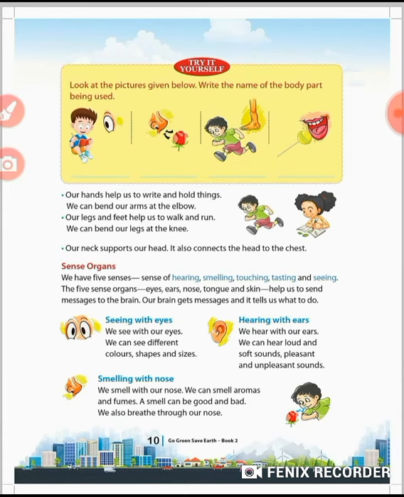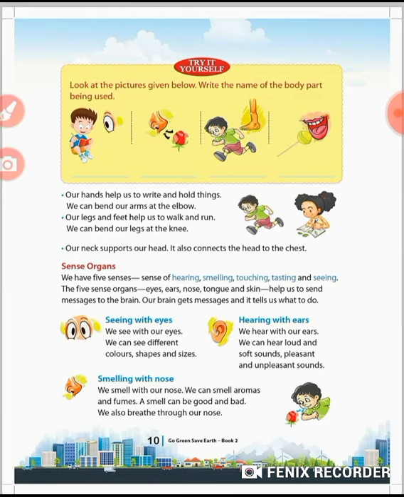So children, it is clear that sense organs are the parts of our body that help us to know about the things around us. Eyes, ears, nose, tongue, and skin are our sense organs. These are the organs of seeing, hearing, smelling, tasting, and feeling.